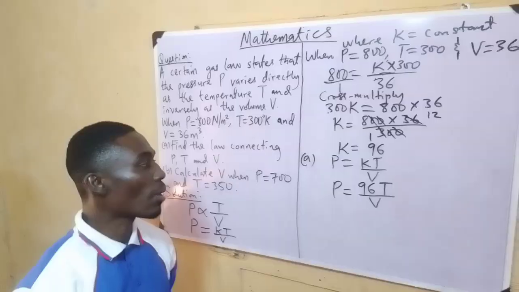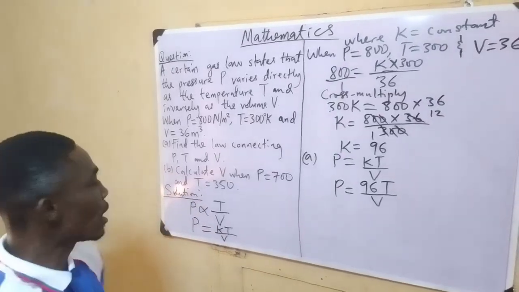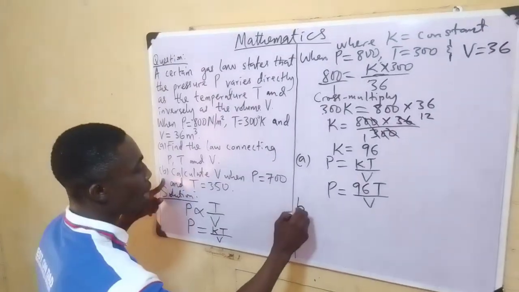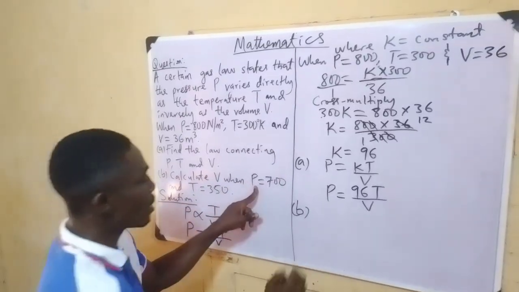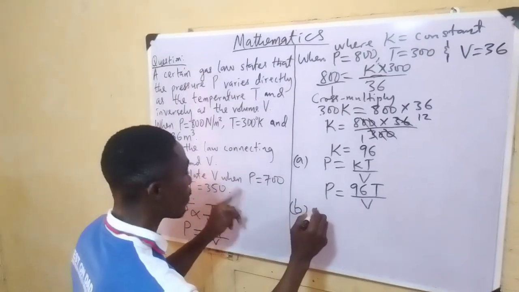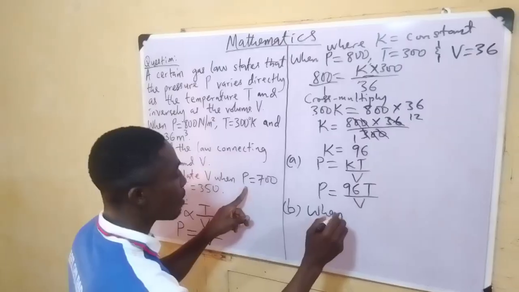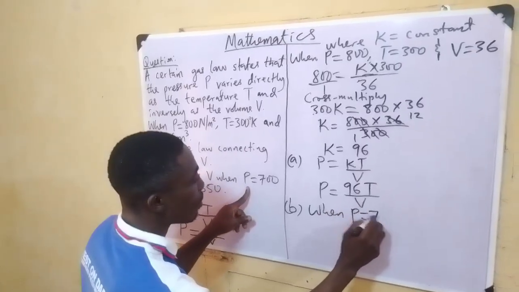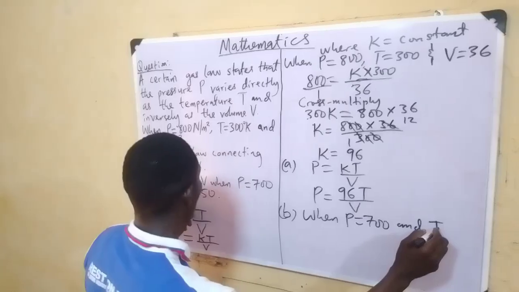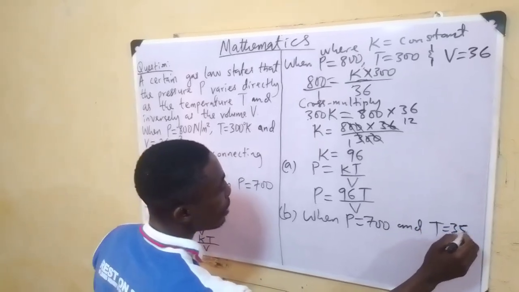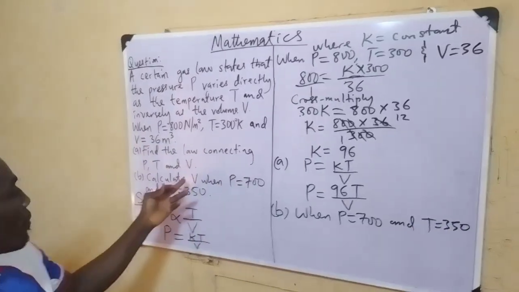Then what is the next thing that we have to find? The next thing is B, and B says we should calculate V when P is 700 and T is 350. So what is our V?